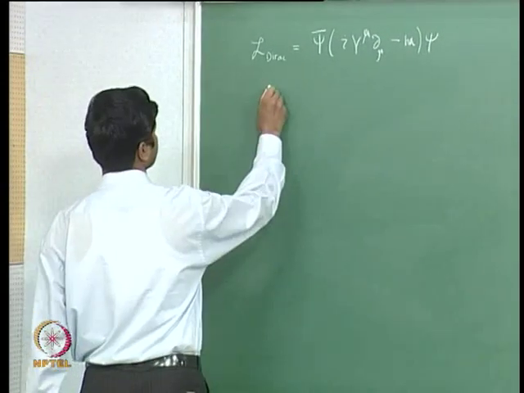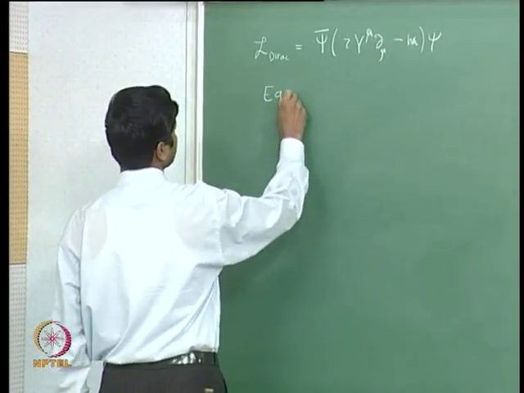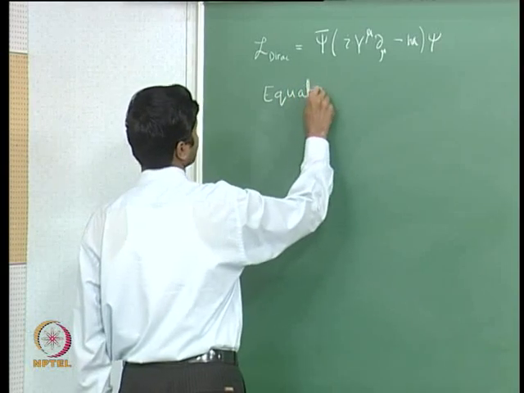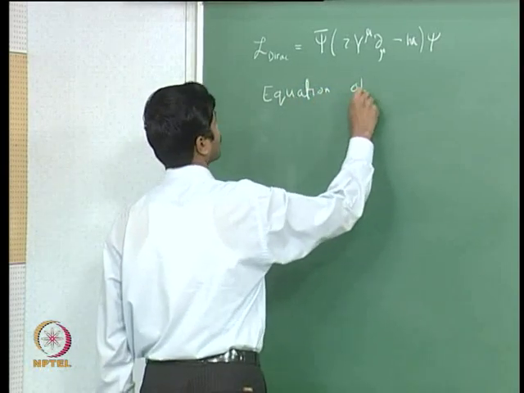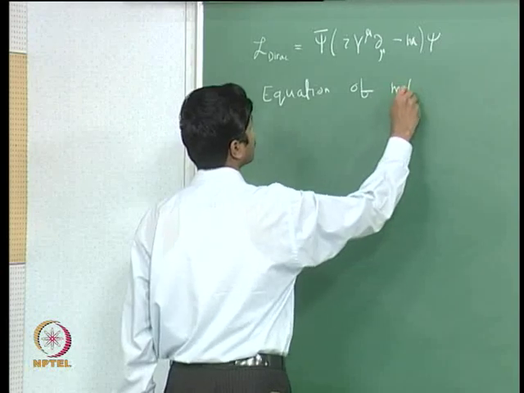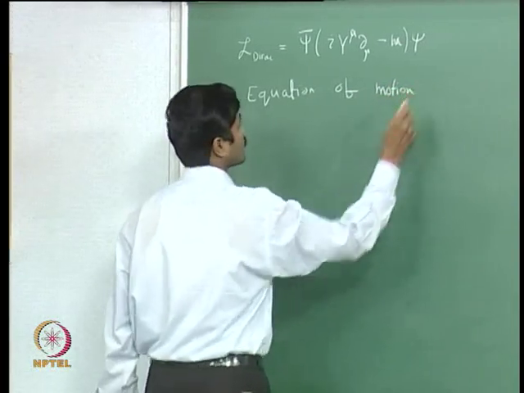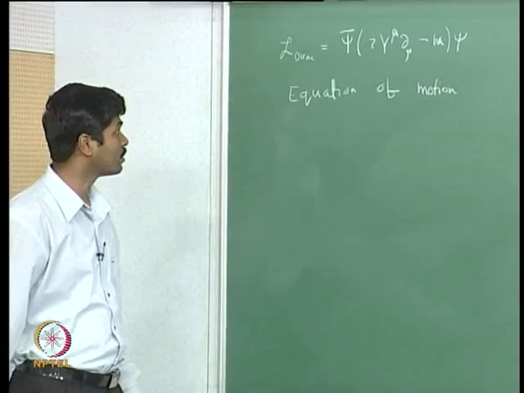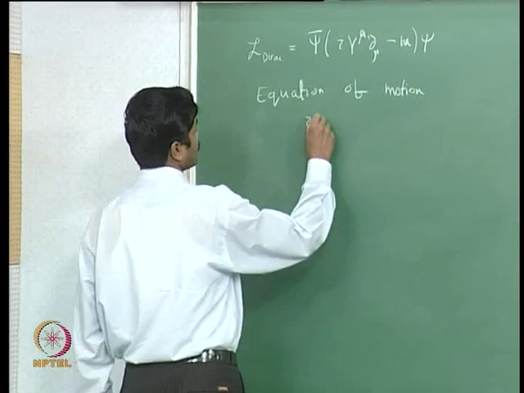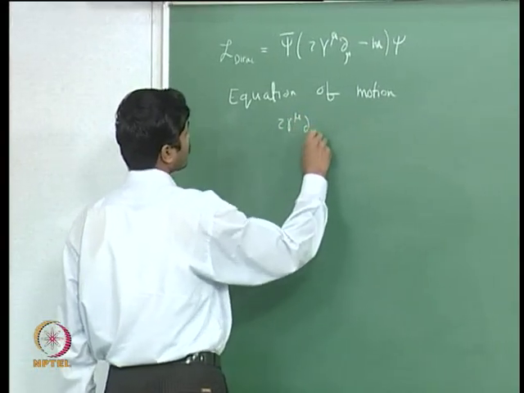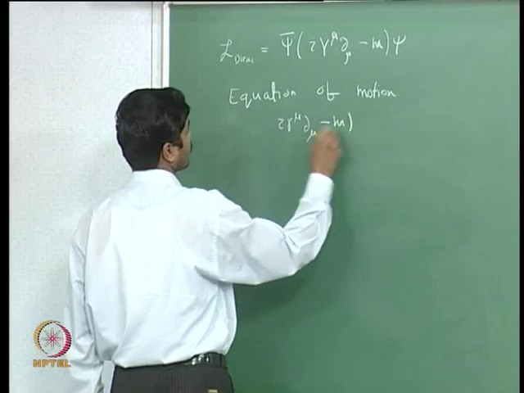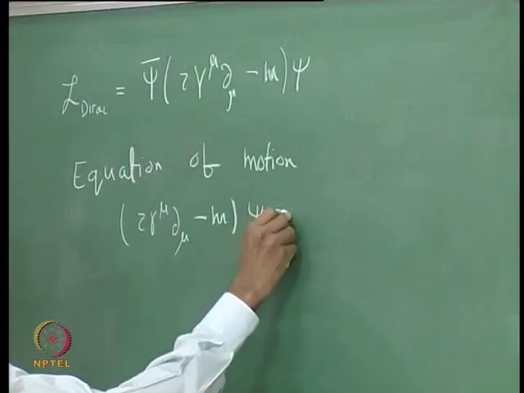The equation of motion for ψ is given by (iγ^μ ∂_μ − m)ψ = 0.